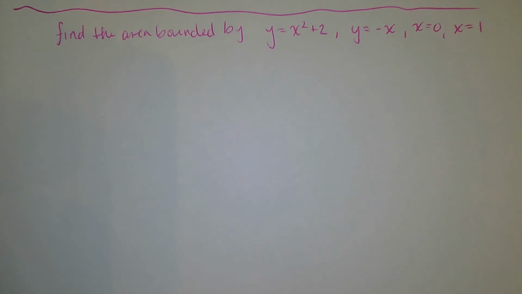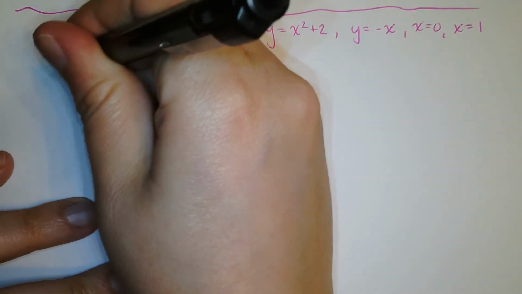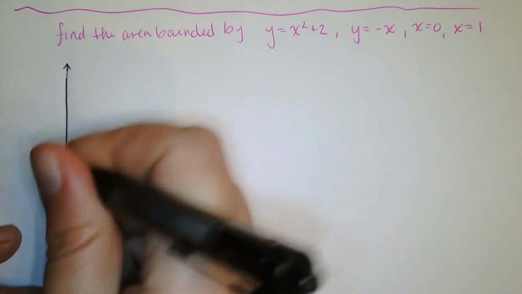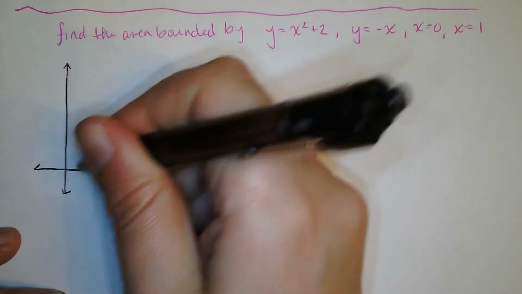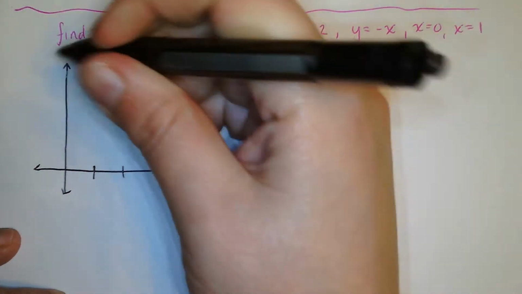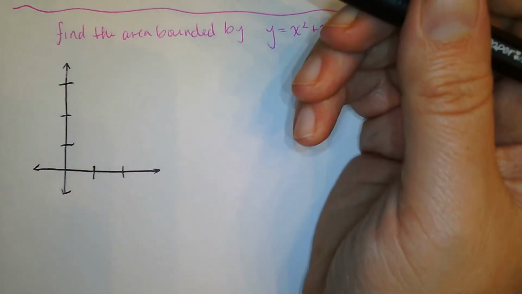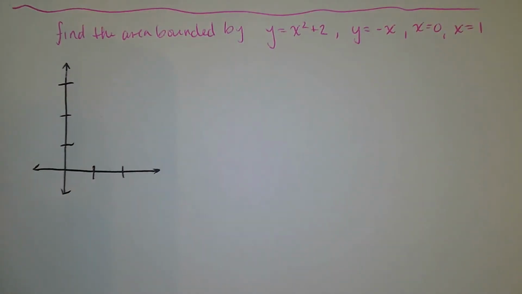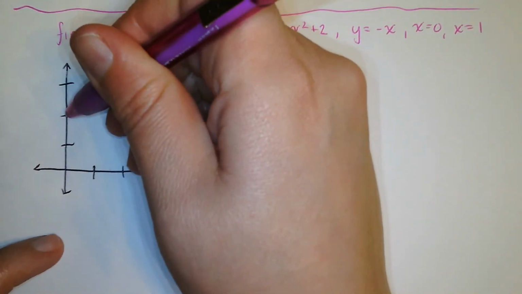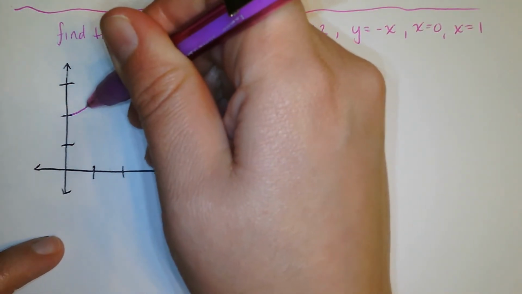All right, let's see. So, x squared plus 2, that's a parabola going right like this.